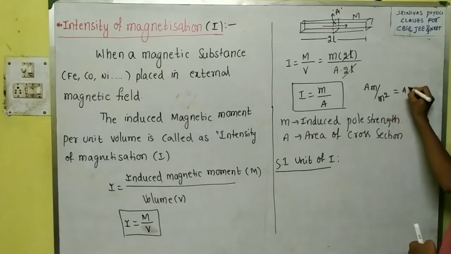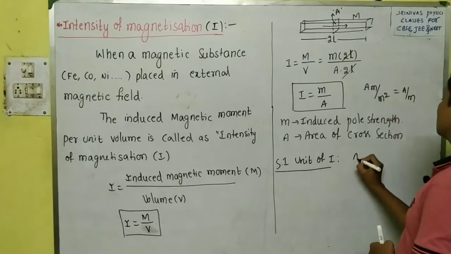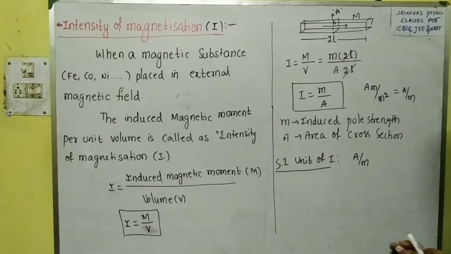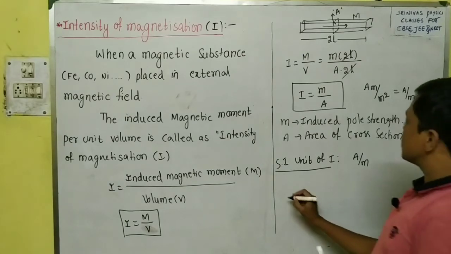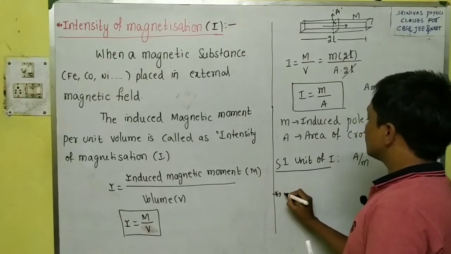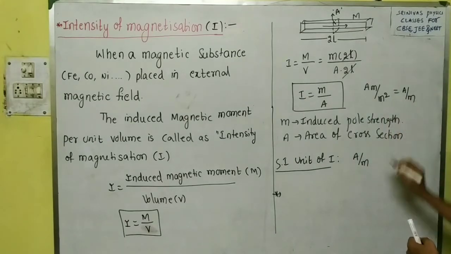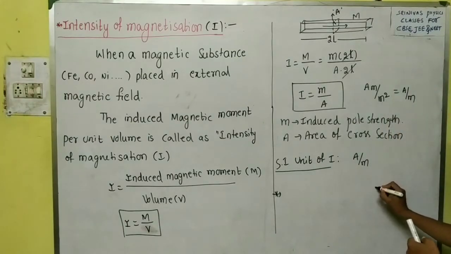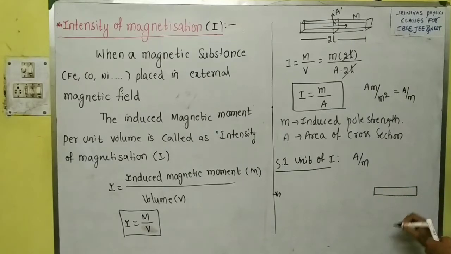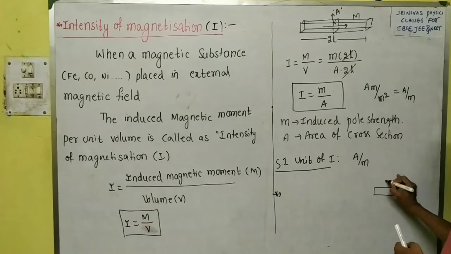Then we will get ampere per meter. And next, induced magnetic field. For example, we are placing one magnet in a magnetic substance, like iron or anything.